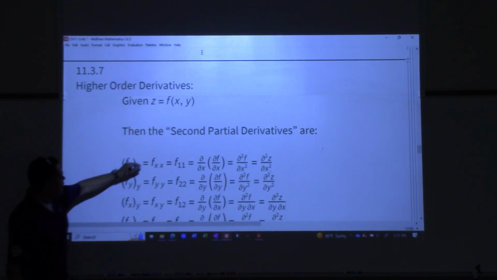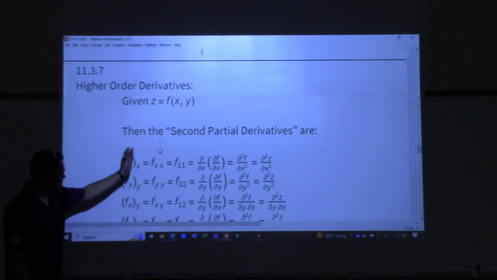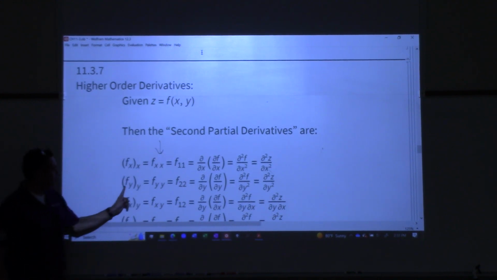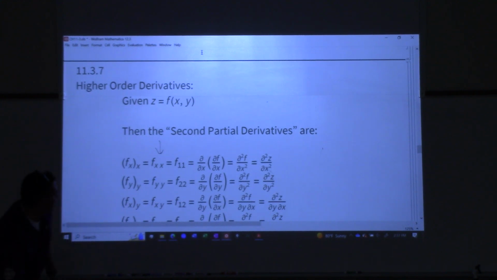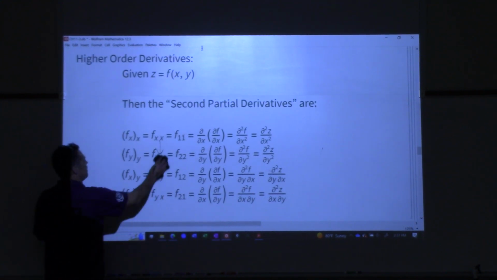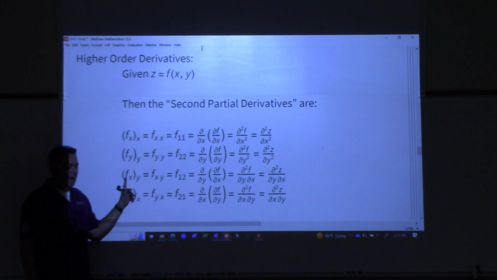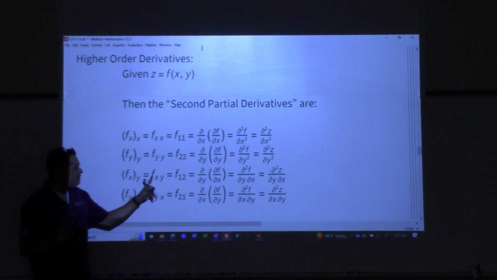The ones you need to focus on are these. Look at this one. You do the partial with respect to y first, and then you do the partial with respect to y again, you write fyy. Please pay attention to the next one. If you do the partial with respect to x first, then you do the partial with respect to y, you write fxy.